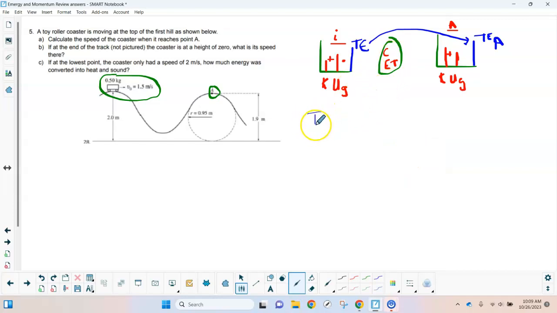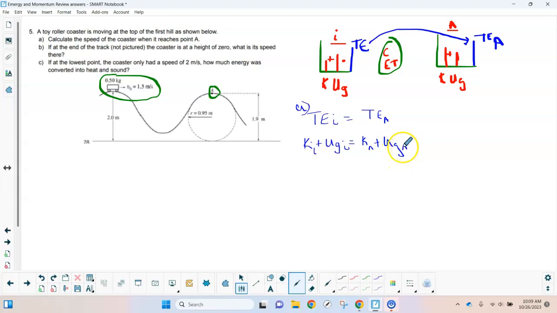So it's just the total energy initial is equal to the total energy final, or the final point that we're measuring is point A for right now for part A. And we would say this is kinetic plus gravitational at the initial points should equal the kinetic at A plus the gravitational at A.